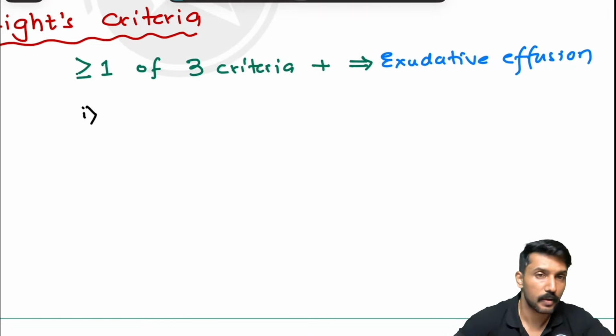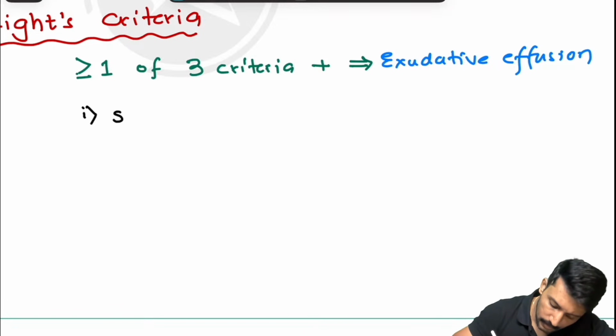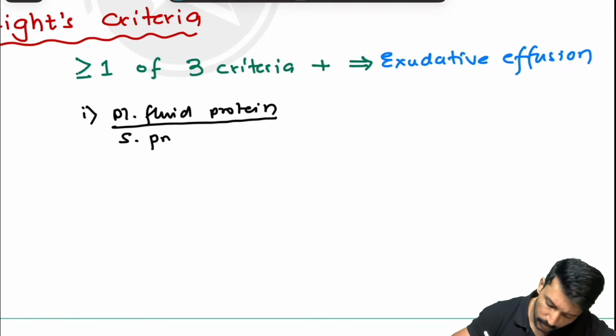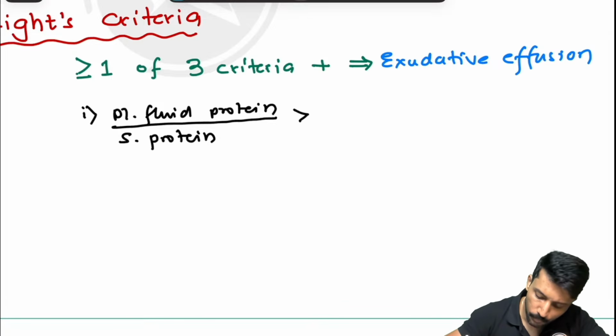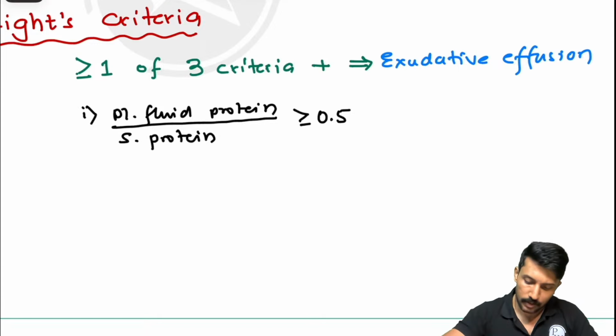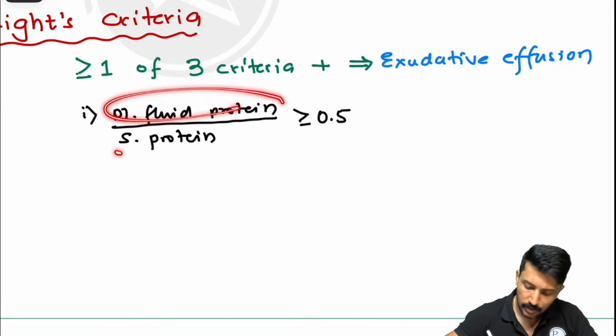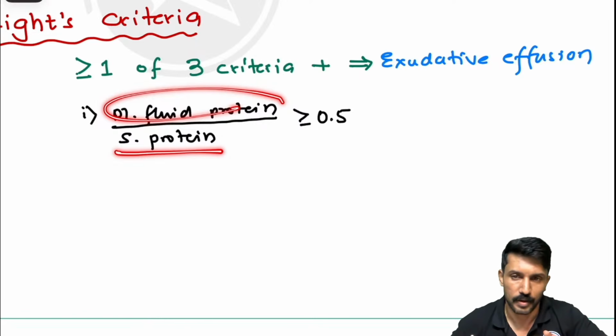The first criteria that can be called as exudative is the pleural fluid protein divided by serum protein. The ratio of pleural fluid protein and serum protein, or pleural fluid albumin and serum albumin ratio. If it is more than or equal to 0.5, that means the pleural fluid has protein which is equal to or more than half of the serum protein, right?